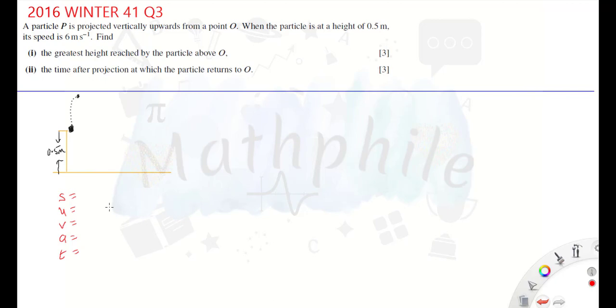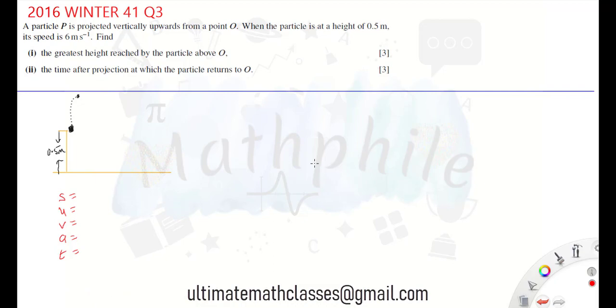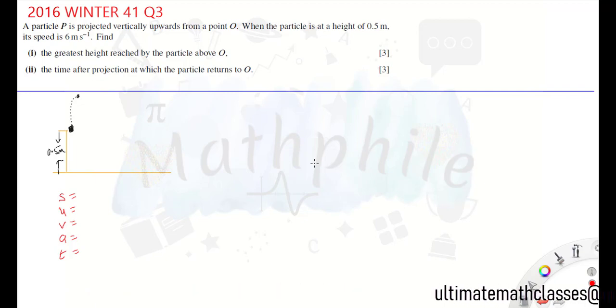I wanted us to treat it like we ignore the height given, 0.5. Okay. Because they said the greatest height reached, that means maximum height. That's when velocity is 0. So here we'll use the 6 meters per second as our initial velocity.